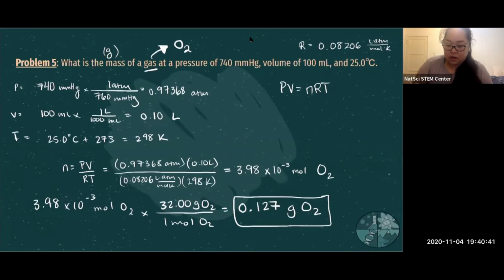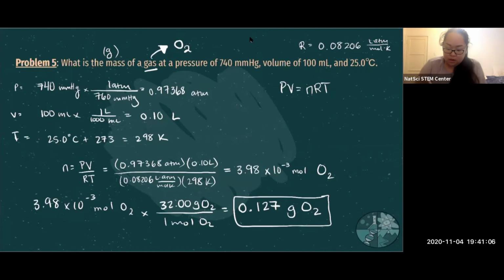So first, I went through converting everything to the units that we need for PV equals nRT, because you notice that we're given the pressure, the volume, temperature, and R is known. We want to find moles of O2, then use stoichiometry to get the mass.